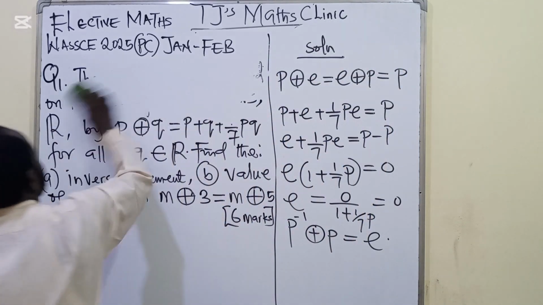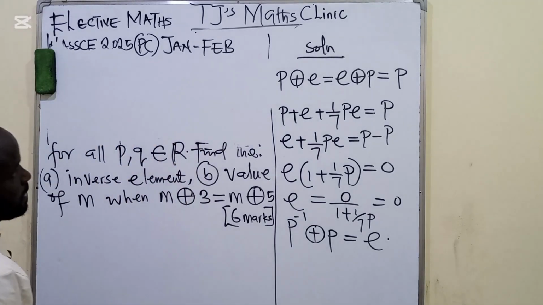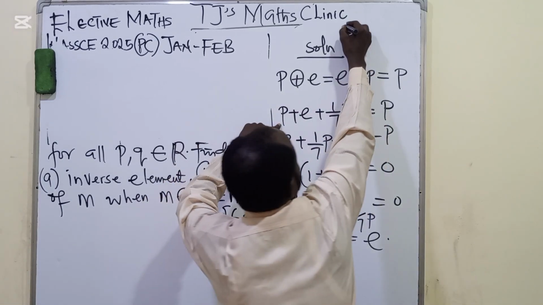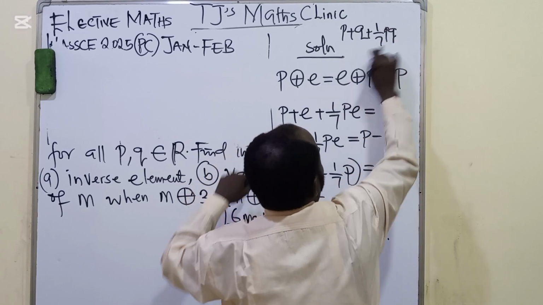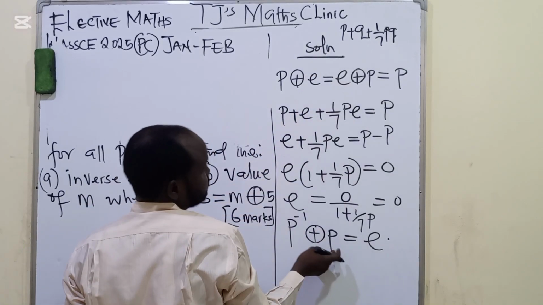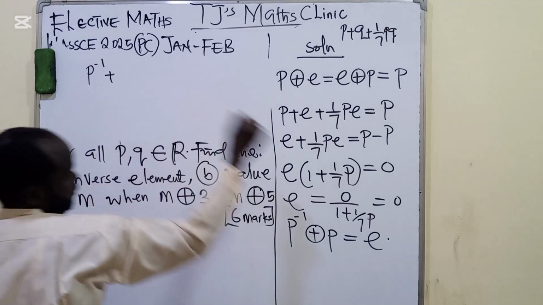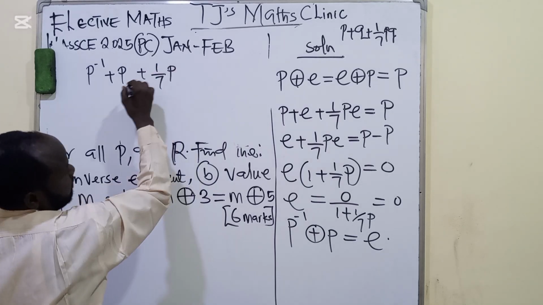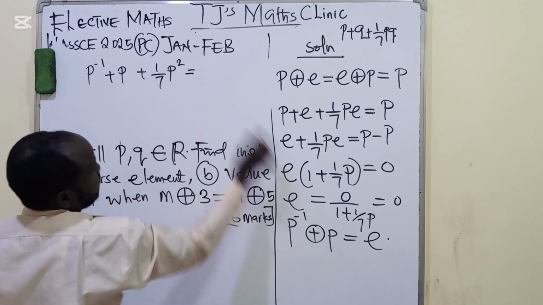We compare this with the general equation, which is P plus Q plus 1 divided by 7 times P times Q. So P inverse to P, then Q to P. It will now be P inverse plus, anywhere we see Q, we put P, plus 1 divided by 7 times P times P, which is P squared, equal to the identity element, which is 0.